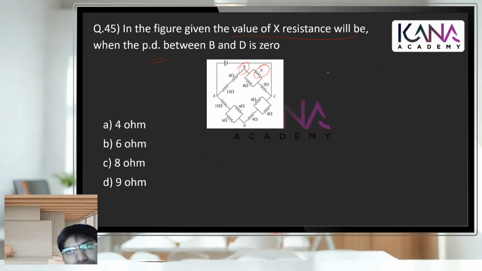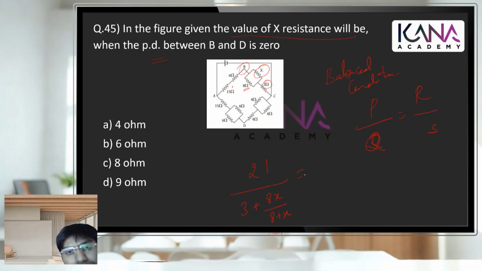So in balanced condition, this is the general formula, right? P by Q equals R by S. P is 15 plus 6, so it's 21. Then Q is 3 plus 8x by 8 plus x.